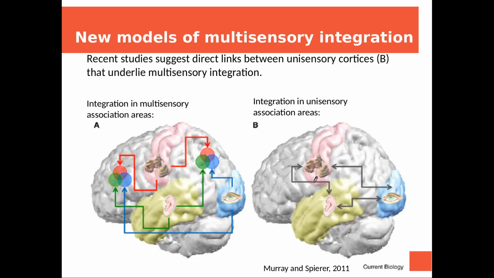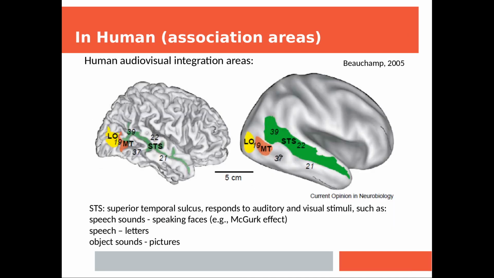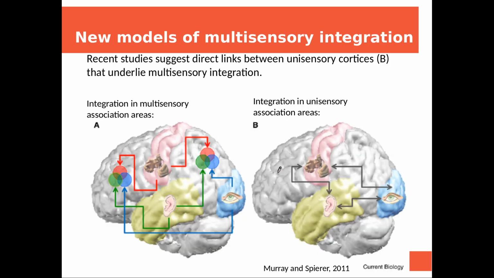But I mentioned that was the traditional view of having special multimodal integration areas for integrating sensory modalities. Actually, there's a lot of evidence recently that there are also direct connections from the different unisensory cortices to the other ones.